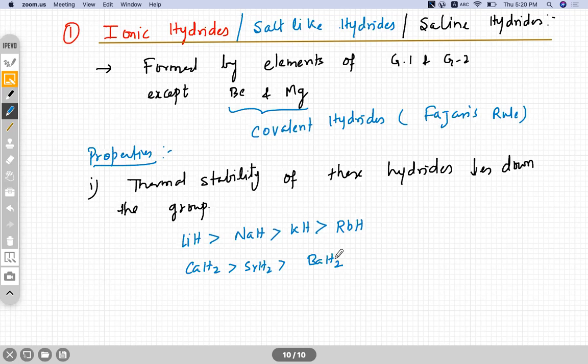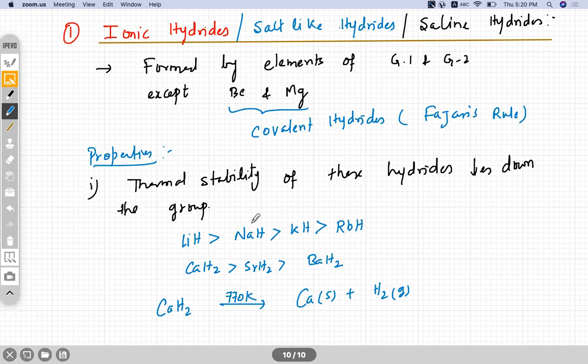Okay, so suppose we have a hydride, say CaH2. When you heat CaH2 at, suppose, 770 Kelvin, it converts into Ca solid and H2 gas. Lithium hydride won't dissociate into this. You must keep this in mind.